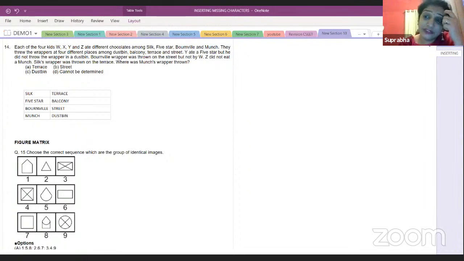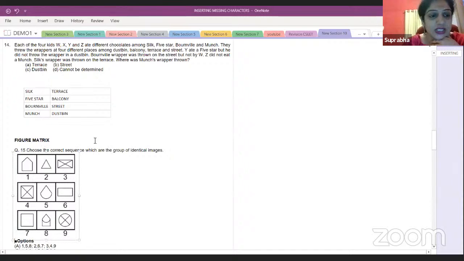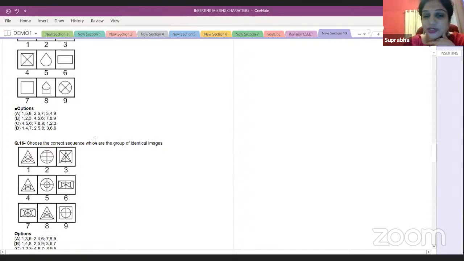So now, if I had taken information like who ate this, if I had put all those things, again it is wastage of time, correct? So always in this kind of questions, go for the question. What have they asked? Only from there you deduce. The rest, unnecessary things you can skip. Okay. 14th question, is it clear? Yes. Shall we move on to the figure matrix?